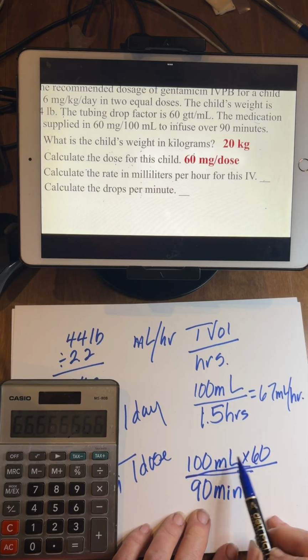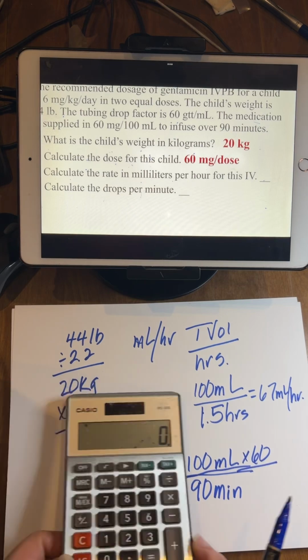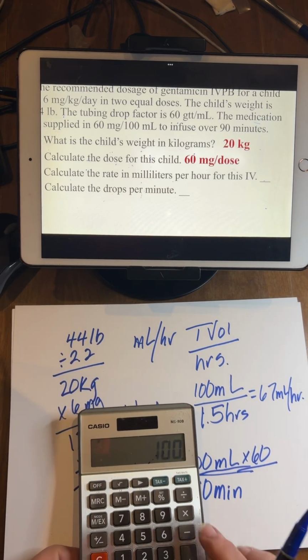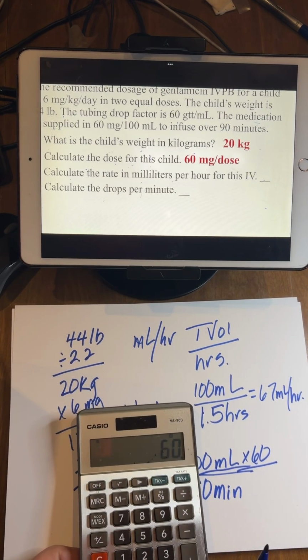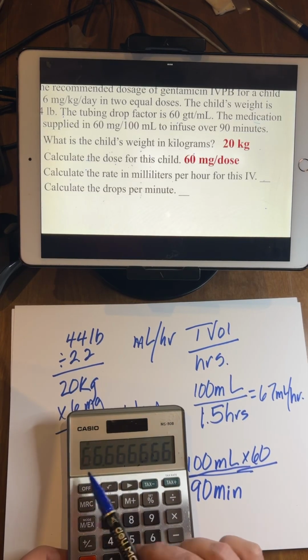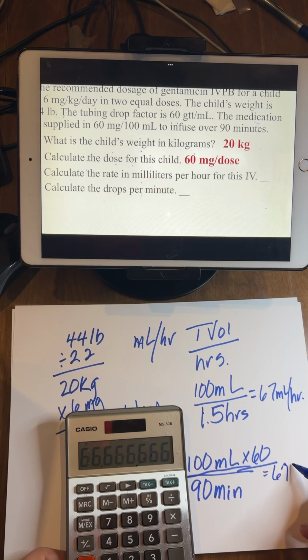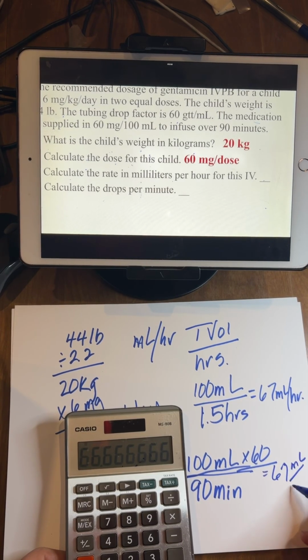And then we would do all the math on the top and divide it by the number on the bottom. And I'm going to show you, we'll come out the same. I hope this didn't just throw somebody. 100 times 60 divided by 90 equals, yeah, see, all them numbers that don't intimidate us. It would still be 67 milliliters an hour.